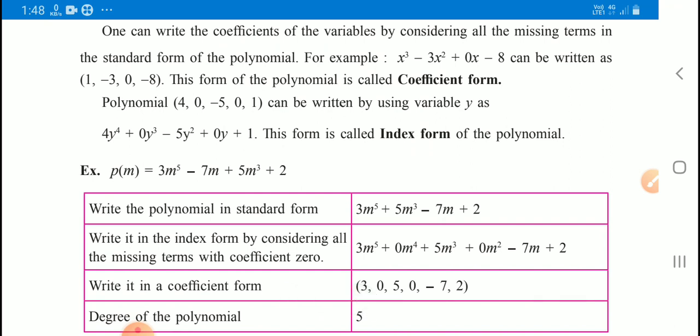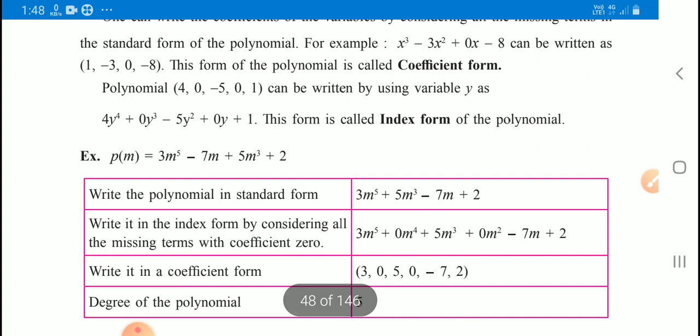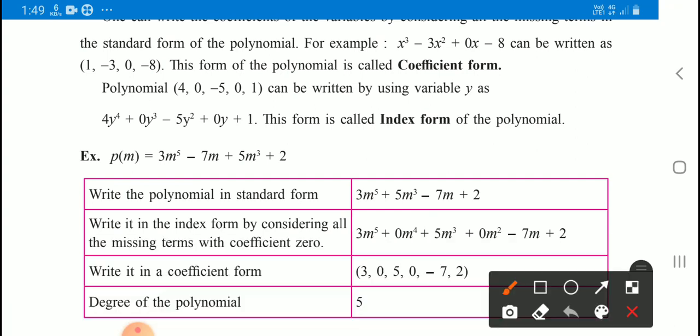Then you will get the coefficient form, and from coefficient form you can convert the expression into index form. Now look here, they have given just the coefficients 4, 0, negative 5, 0 and 1. In the last term you have to keep in mind, the last is the constant term. Here 1 is constant. So 1 you have to write as it is. Don't write any variable with that 1.